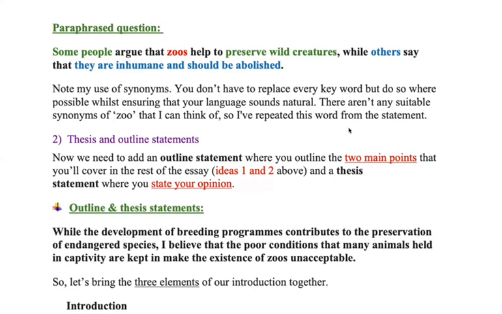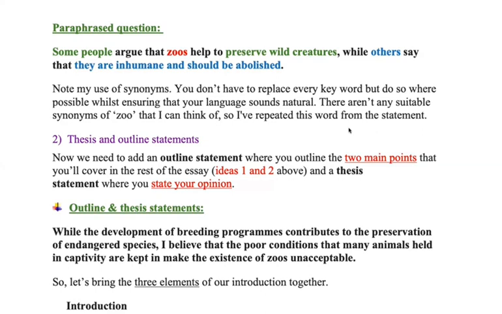And then in his outline and thesis statement, he says, while the development of breeding programs contributes to the preservation of endangered species, he says, look, I agree that the development of breeding programs and keeping endangered species, we are talking about animals who are in danger of extinction.